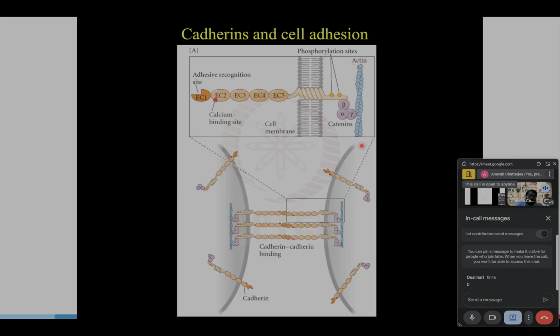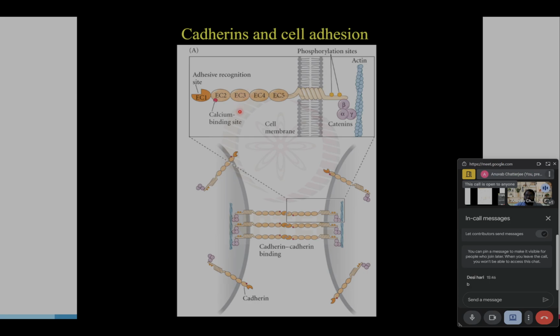On the intracellular part, they are associated with the actin cytoskeleton. The actin cytoskeleton is essentially what is holding the shape of the cell, and they are connected to it via molecules known as catenins. Further, the cadherins can be regulated on how much they adhere to other cadherins, depending on phosphorylation on the catenin binding sites on the intracellular domain.